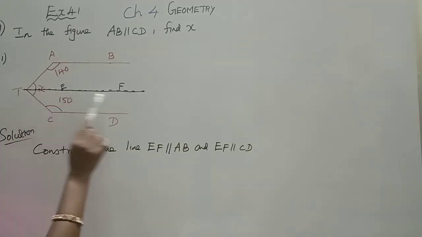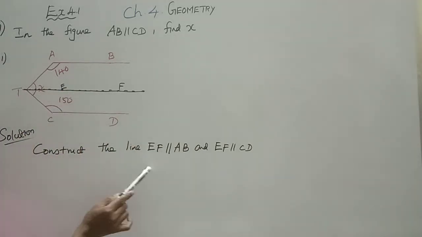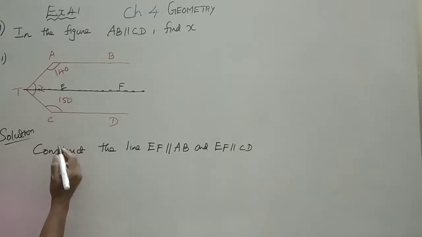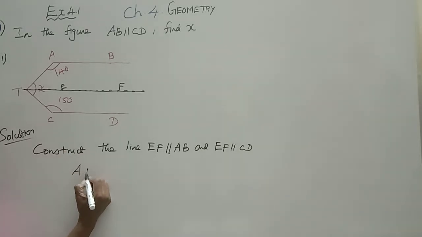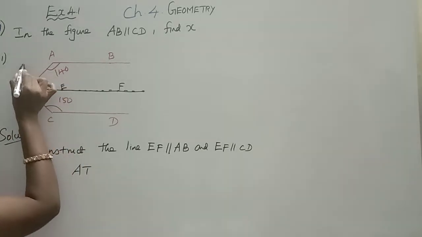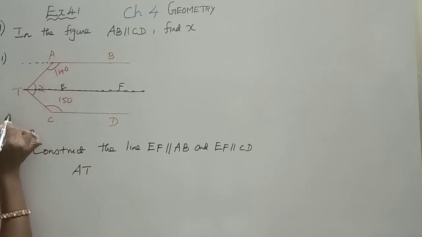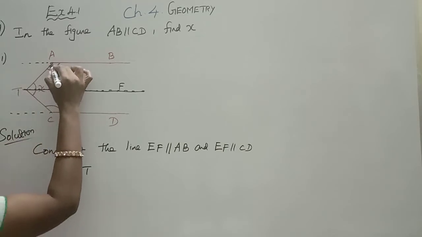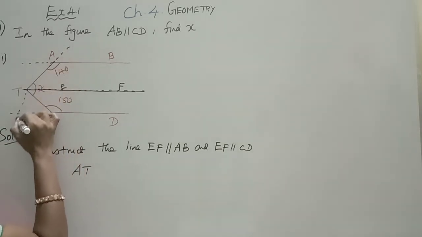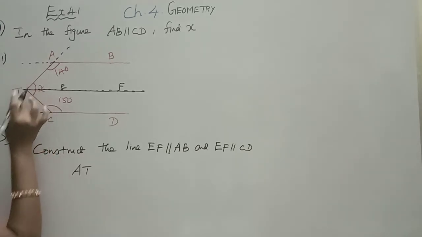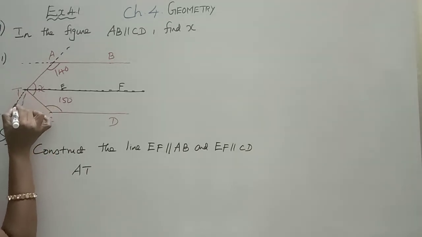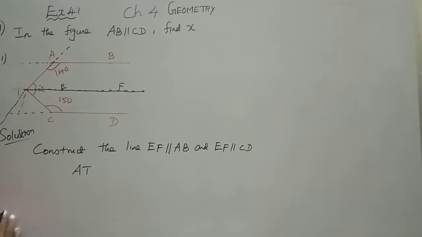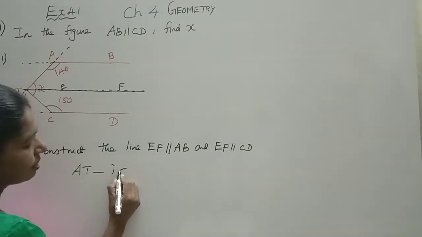Therefore, I have constructed one line, EF, that is parallel to AB and CD. Now just imagine we extend AT; if you extend it, you get a transversal. It does look like a transversal. Therefore, AT is a transversal.